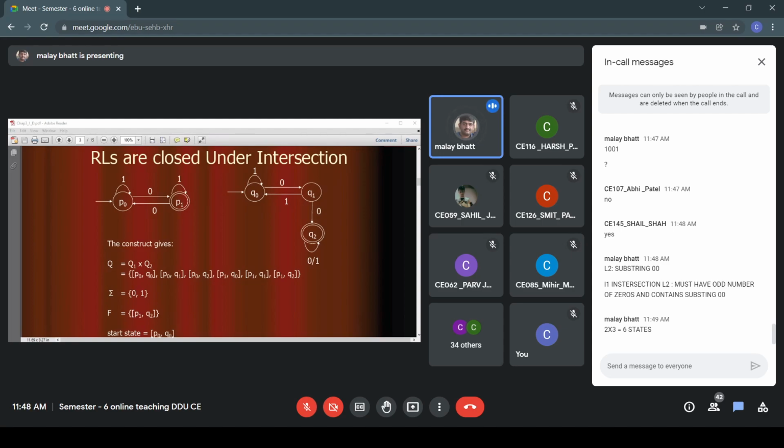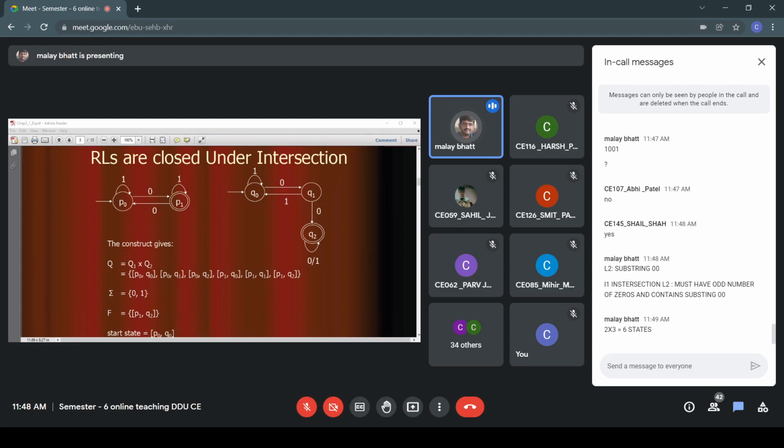It will be only P1 Q2 because you can see in P0 Q0 and P0 Q1 there is no accepting state. In P0 Q2 only one accepting state is present. We require both in the intersection operation. Similarly, in P1 Q0 only one accepting state is present, so it is not valid. Then P1 Q1, and lastly P1 Q2. Only P1 Q2 is the state in which we have both the accepting states. So we'll consider that. Definitely the start state will be P0 Q0.